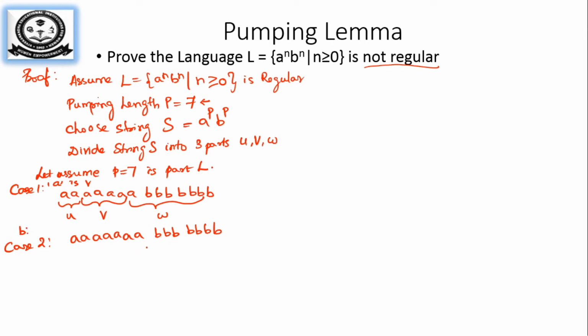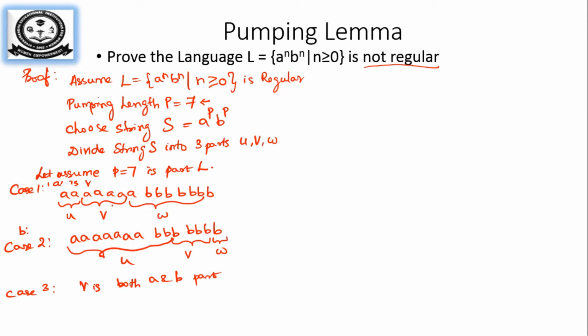I will leave one B with U. Let me take 4 B's together as V and this one as W, and up to this it is going to be U. And similarly case 3, we'll consider that V contains both the A part and the B part. So these are the combinations.